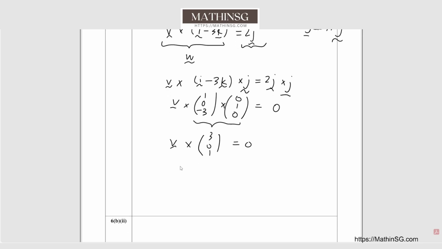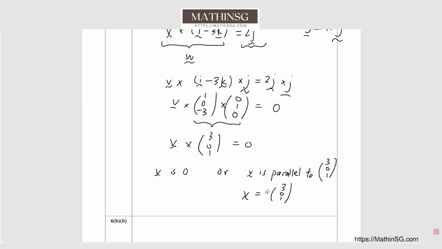So we can write that v is parallel to 3, 0, 1. In other words, v equals k times 3, 0, 1, but I've already used k in part 1, so let me use lambda.